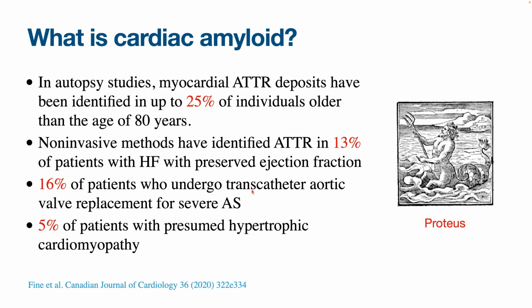16% of the patients who undergo TAVI or TAVR for severe AS have also been identified to have amyloid. That pertains to our structural clinic, whether it's worthwhile to screen all of them or screen some of our patients with low gradient, because close to 1 out of 8 or 1 out of 7 patients would actually have amyloid. 5% of patients with presumed hypertrophic cardiomyopathy would have amyloid as well.